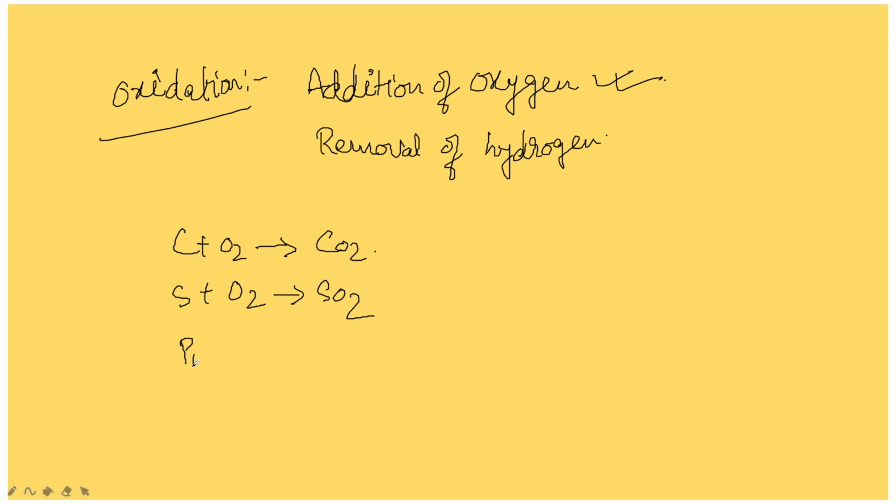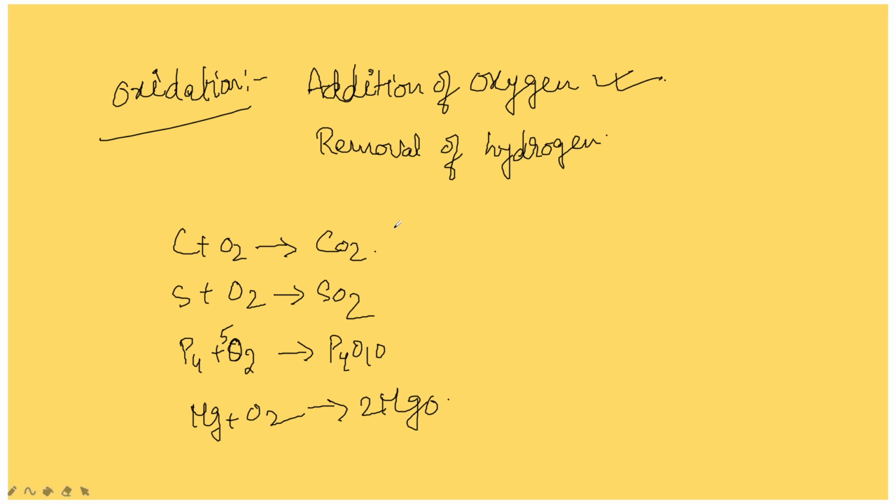Phosphorus: P4 plus O2 gives rise to P4O10. Here the balancing is needed, 5. Burning of magnesium: Mg plus O2 gives rise to 2MgO.